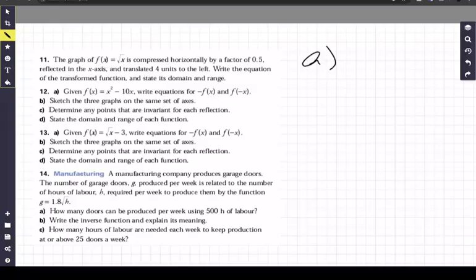I'm not going to write it for you because you guys are supposed to know how to do it, but I'm going to explain it for you. So right now we have the doors we're able to produce given the number of hours we work. But when we have it backwards, we're able to figure out the hours we worked if we look at the number of doors that we produced.